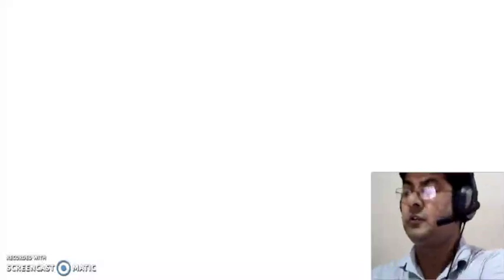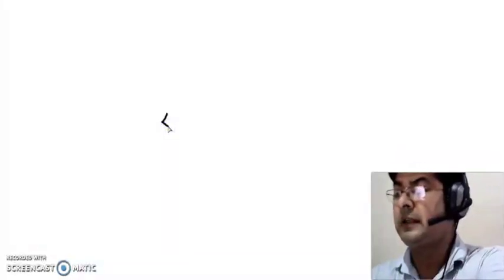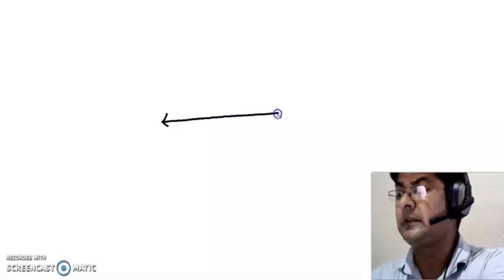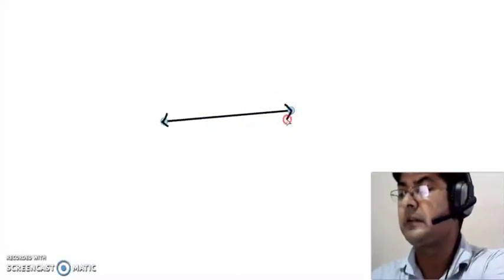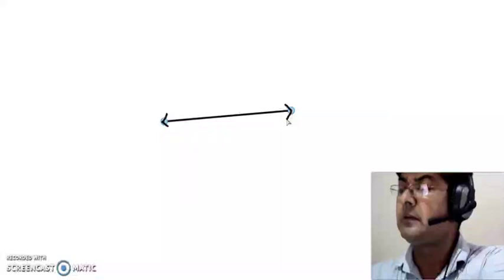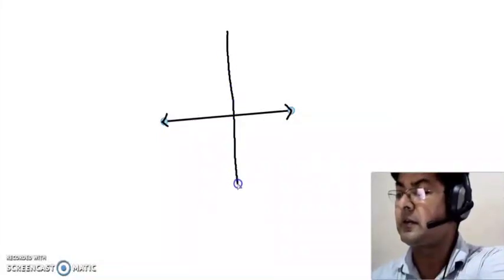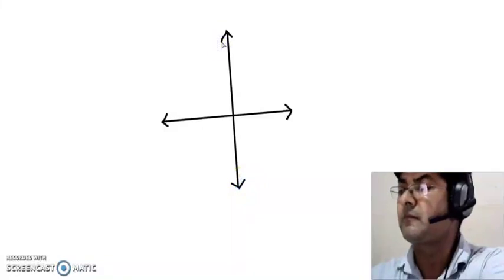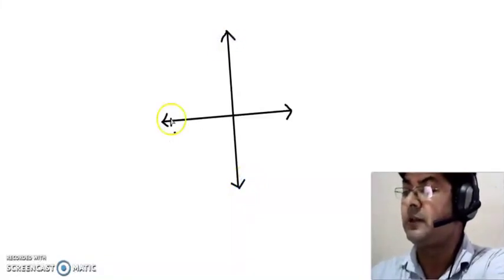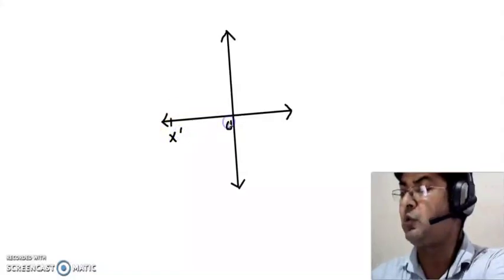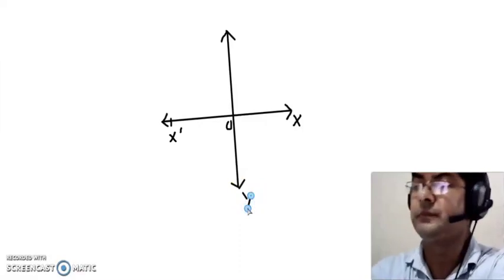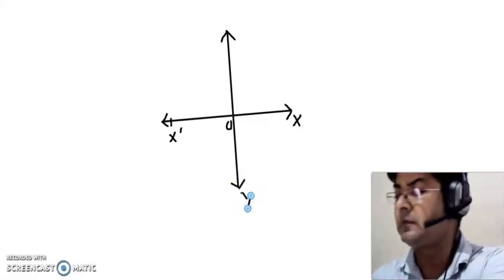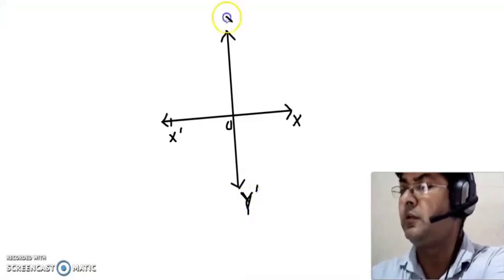Now let us consider the axes, or the two lines I am drawing over here. One is X dash OX and the other one is Y dash OY.